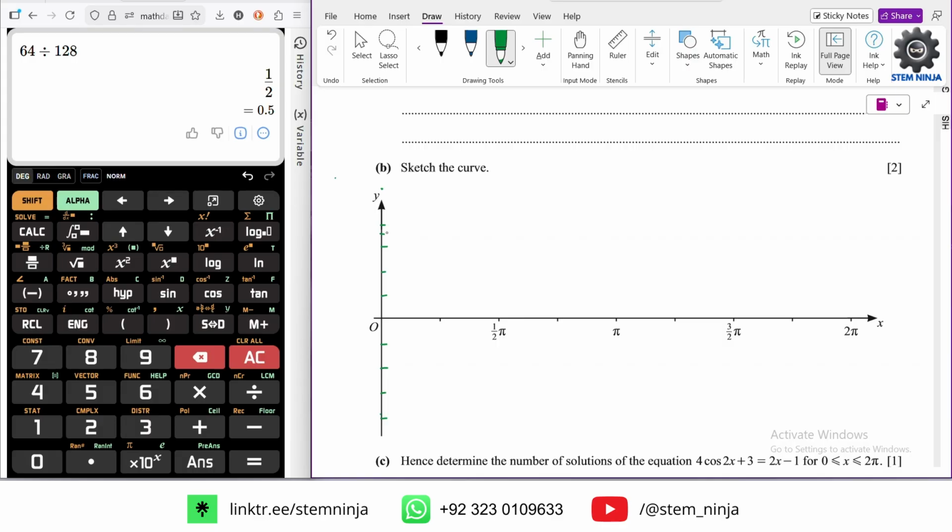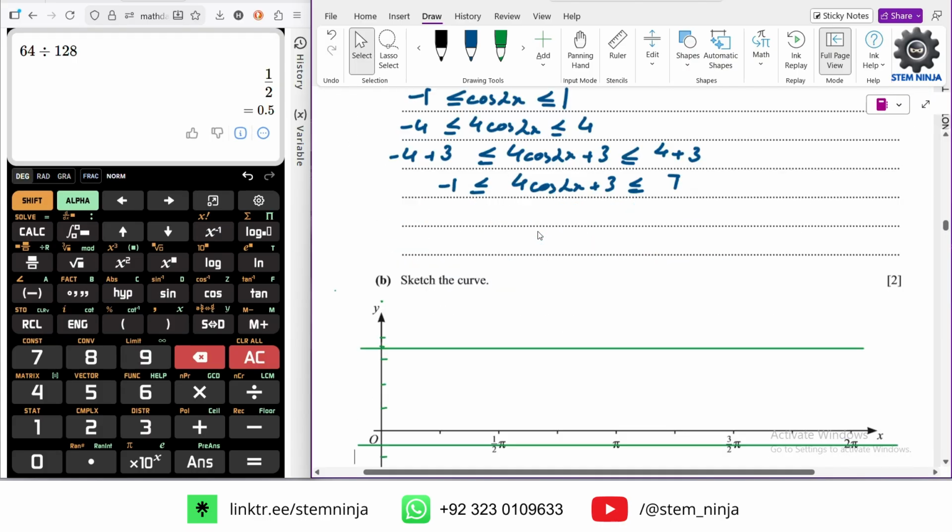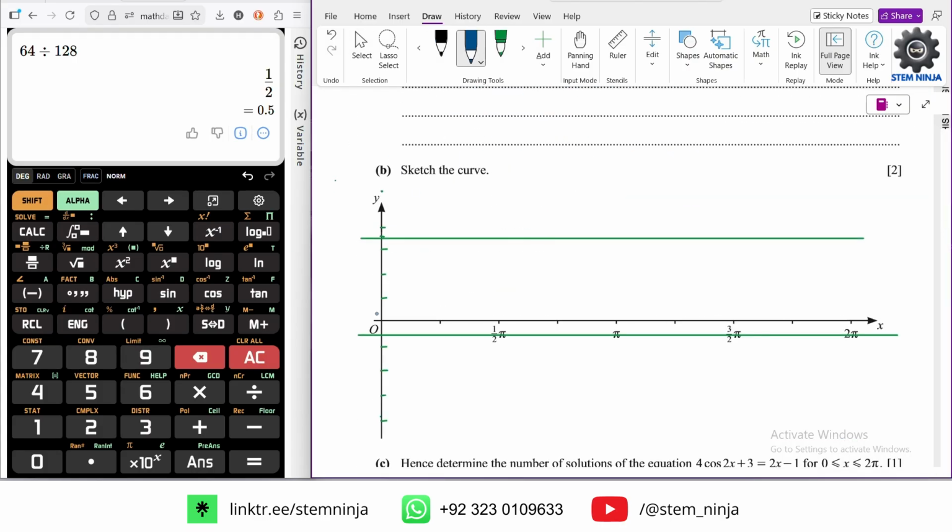So if this is 7, this would be -1. Okay, and the mean position is 3. So if we do this 2, 4, 6, 8, so in between this is our mean position. Okay, so this is our 7, this is -1, this is 3.